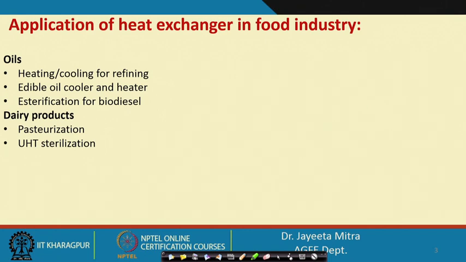One is in the entry section where the milk that is being received is being heated by the pasteurized milk, and second is in the cooling section, where the milk which is already chilled is used to lower the temperature of the hot or pasteurized milk. In the other cases where we need to increase the temperature in the holding tube, that time we use the double pipe heat exchanger or tubular concentric tube heat exchanger.